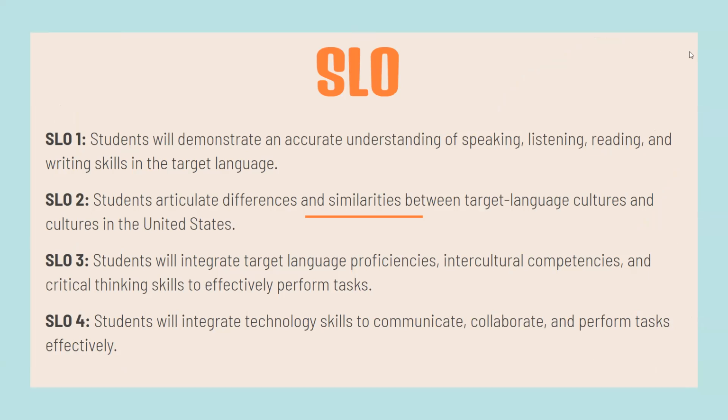Students will articulate differences and similarities between target language cultures and cultures in the US, and students will integrate target language proficiency, intercultural competencies, and critical thinking. And lastly, the main focus was to integrate technology to communicate, collaborate, and perform tasks effectively.